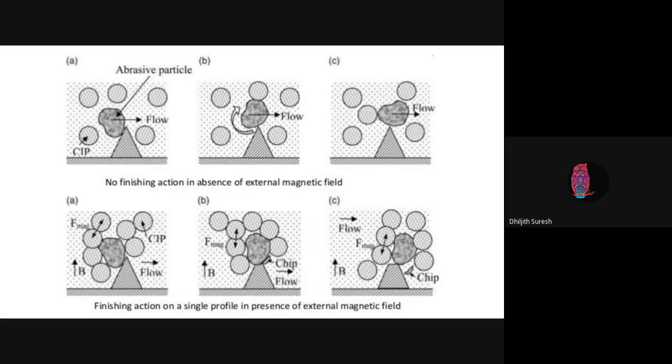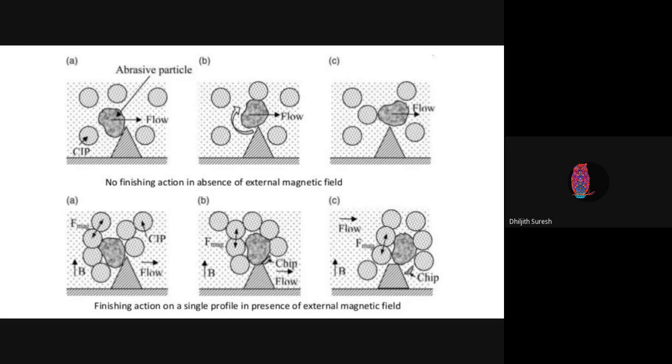Now you can see the two cases, the top portion and bottom portion. In the top portion, there is no magnetic field. So when there is no magnetic field, there is no chain structure, and the carbonyl iron particles are not in contact with the abrasive particles. So they move independently.